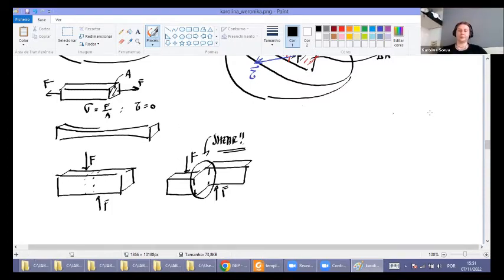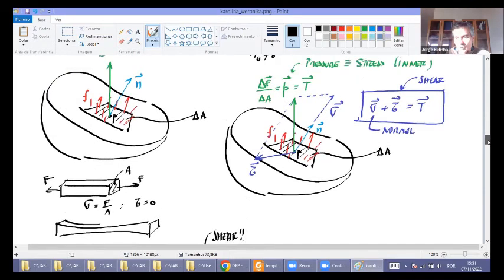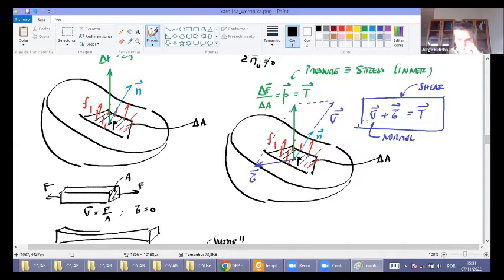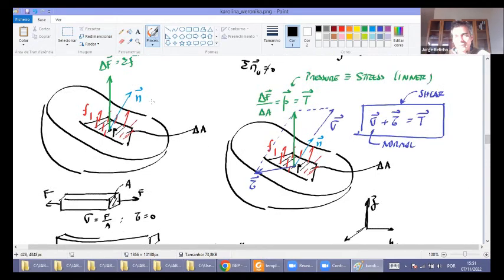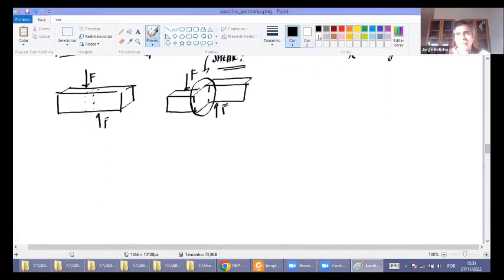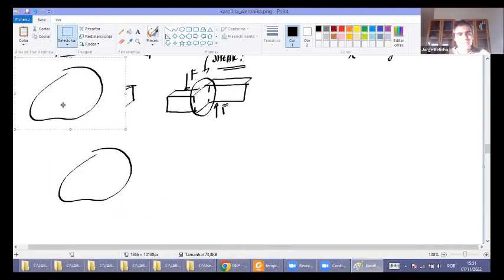So these two internal stresses, we have to know them. We have to calculate them, and we have to calculate them in two important directions, which are the Cartesian directions X, Y, and Z, because this N can be in any direction. Actually, we want to cut our body in very specific directions.